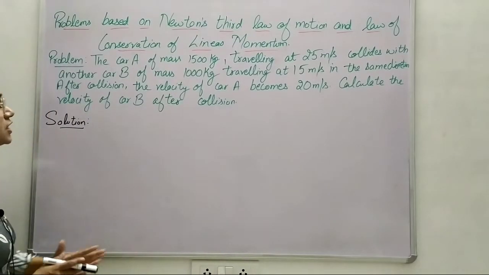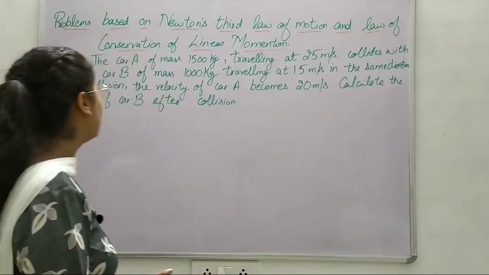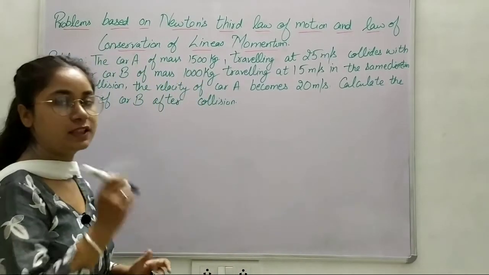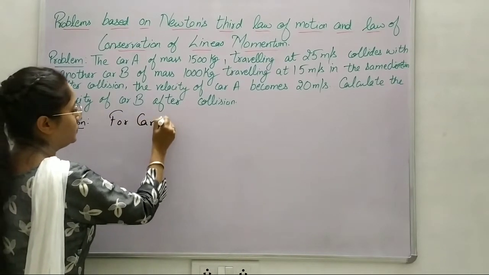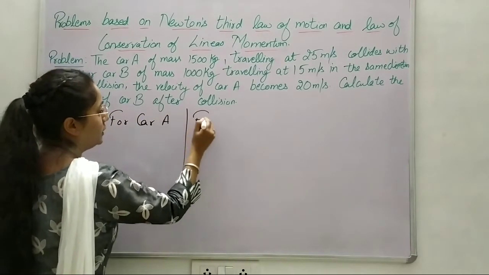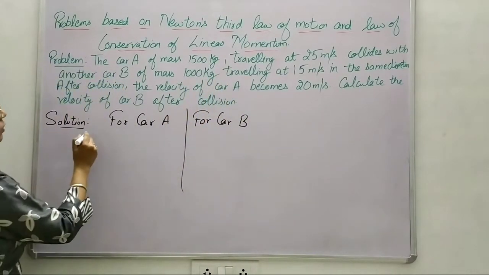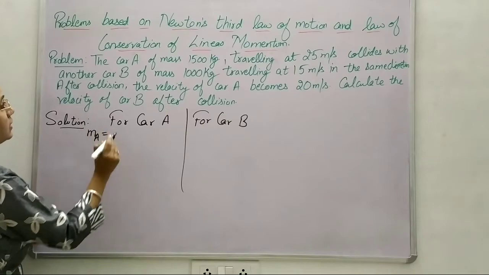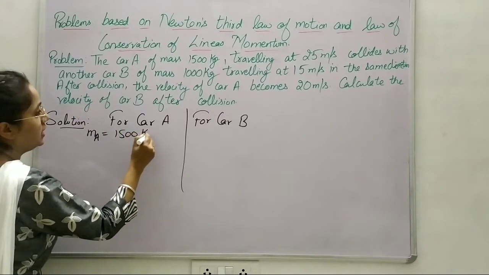Now after collision, the velocity of car A becomes 20 meter per second. So we have to find the velocity of car B after the collision. So for car A and for car B. For car A, the mass MA is 1500 kg.